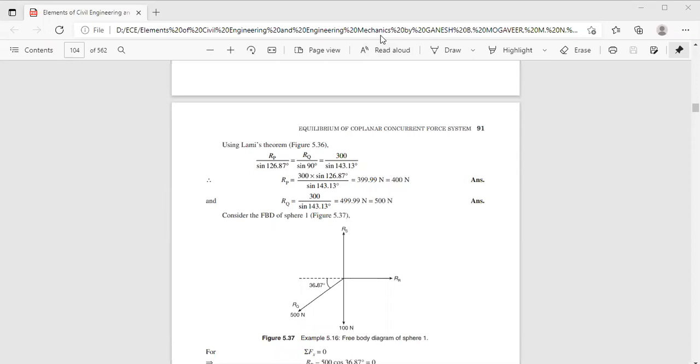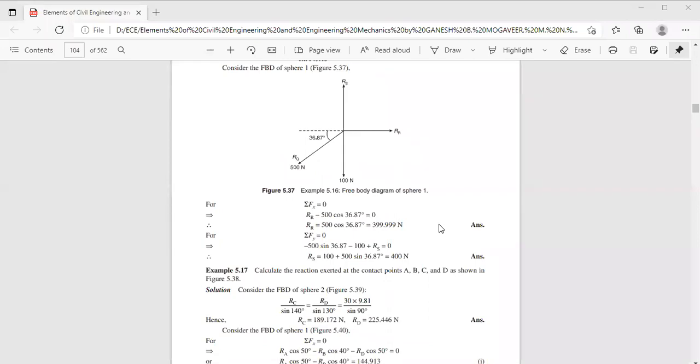Has anyone done it? Okay, let us check the answers, whatever answers we got. So please check the answers. RR is 399.999 Newton and RS works out to be 400 Newton.